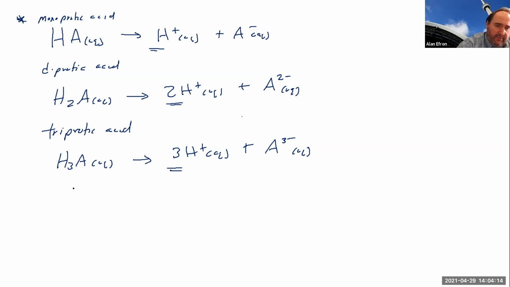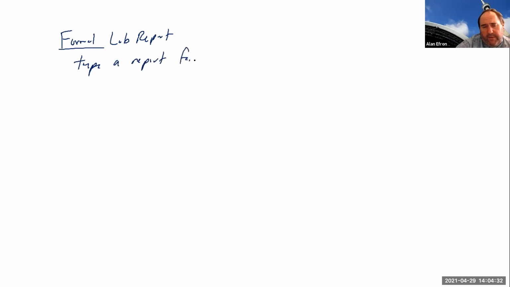In terms of the lab report for this one, this will be a formal lab report. We haven't typed anything in a while, so this is a formal lab report that you do need to type up. And it will be a 4 with an E. We'll have an introduction, a data section, and a results and discussion.